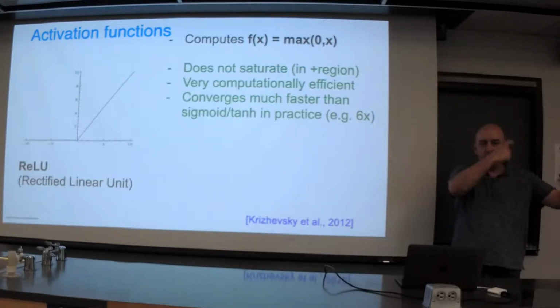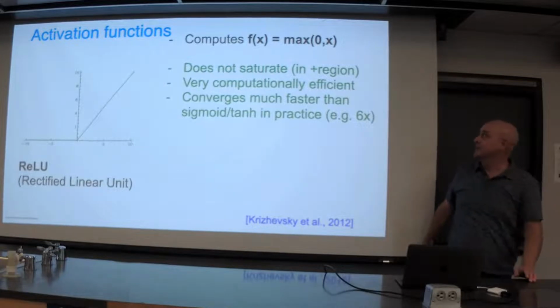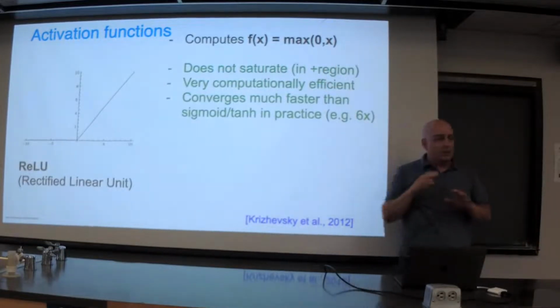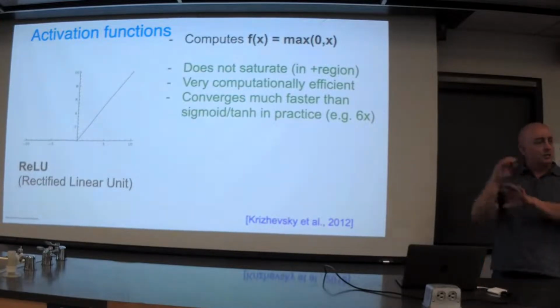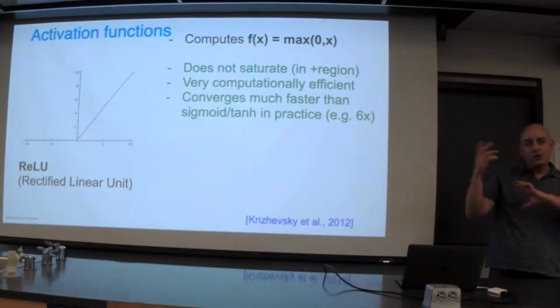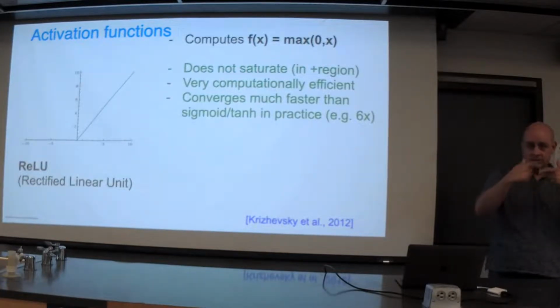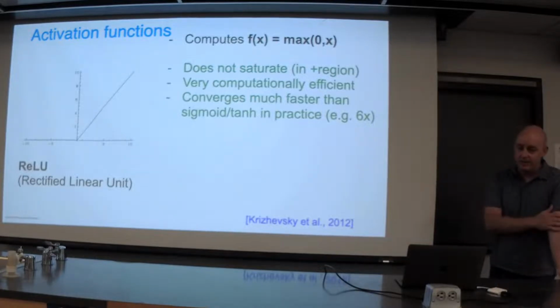You don't have to compute anything else. It's just that one comparison. And if it's not that, you just have a simple constant 0 to output. So it's really efficient. There are no exponentials in there. It's just one comparison to execute to get the output of this function. So super computationally efficient.